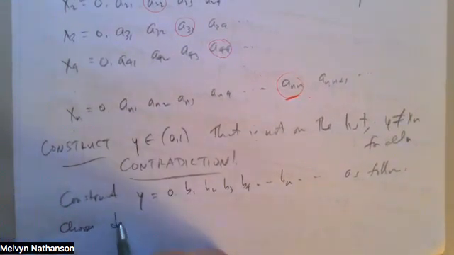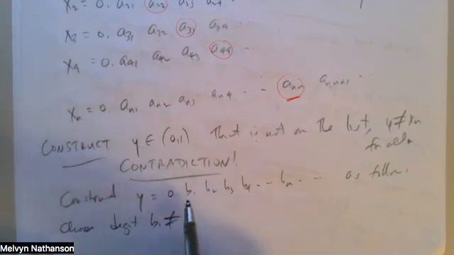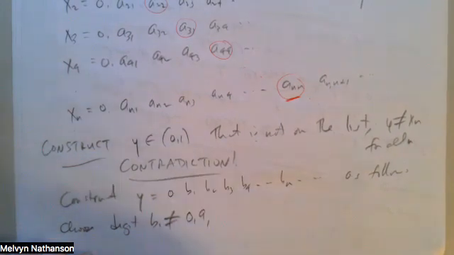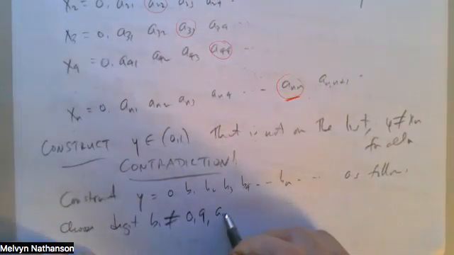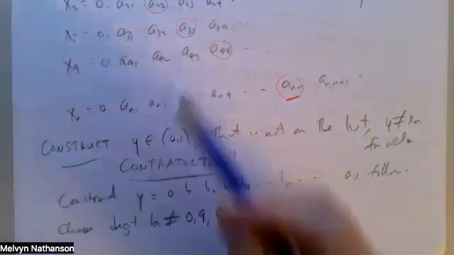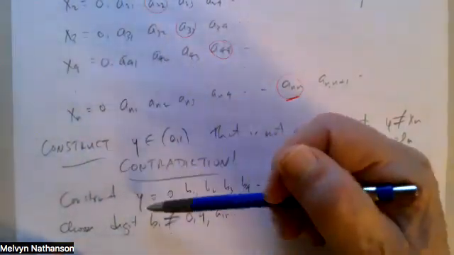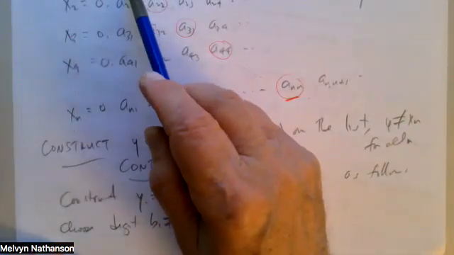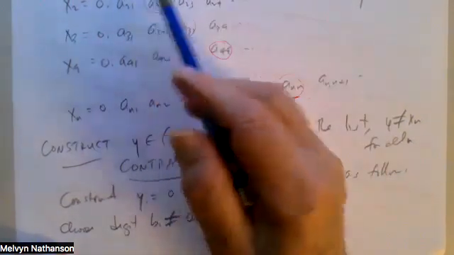We choose the digit b1. Now we have 10 choices for every digit, the numbers 0 through 9. Choose the digit b1 so it's not 0 or 9, and it's not the first digit in the first decimal. So for the first digit of the number y we're constructing, we choose a digit different from A11 and different from 0 and 9. So you have plenty of choices.